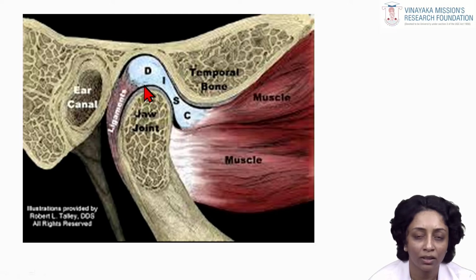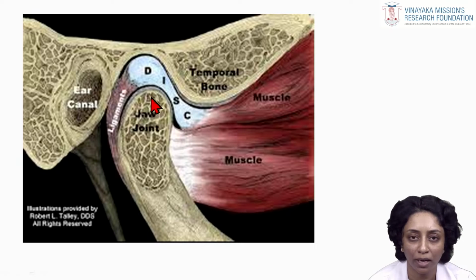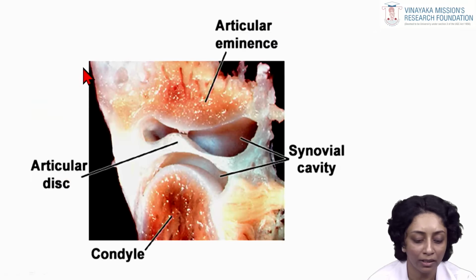As I said before, the TM joint is placed between the temporal bone and the superior head of the condyle. Between these two osseous components lies a soft tissue component called the TM joint. It is surrounded by ligaments and is placed superiorly in front of the ear canal.